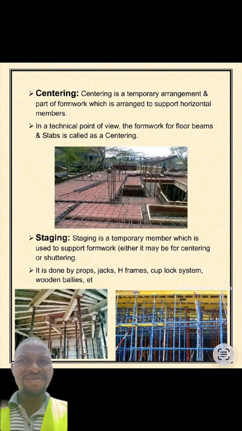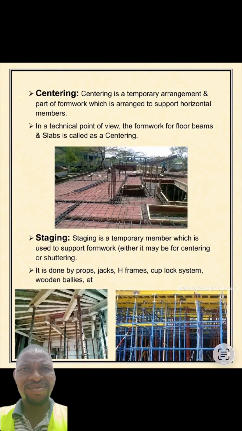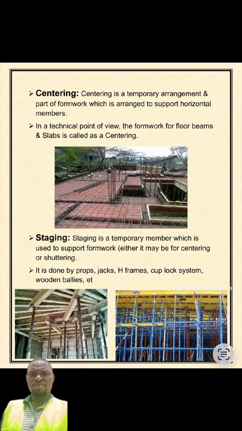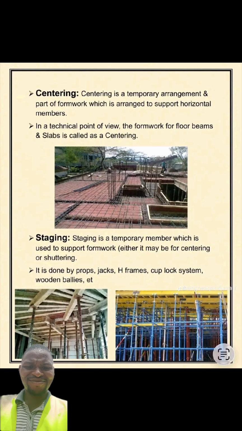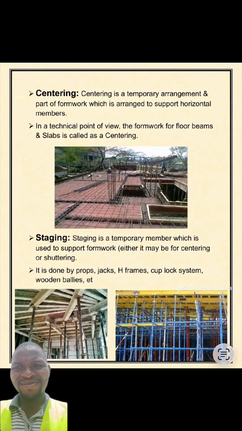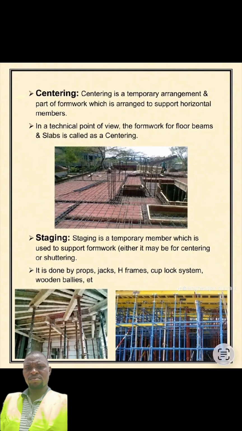It is done by props, then jack, then hammer frame, then cup lock system, then we have wooden ballast, etc. So your props, your normal props. Props are used to help in the center stage of a formwork, to actually act as support. So this is what is called staging.